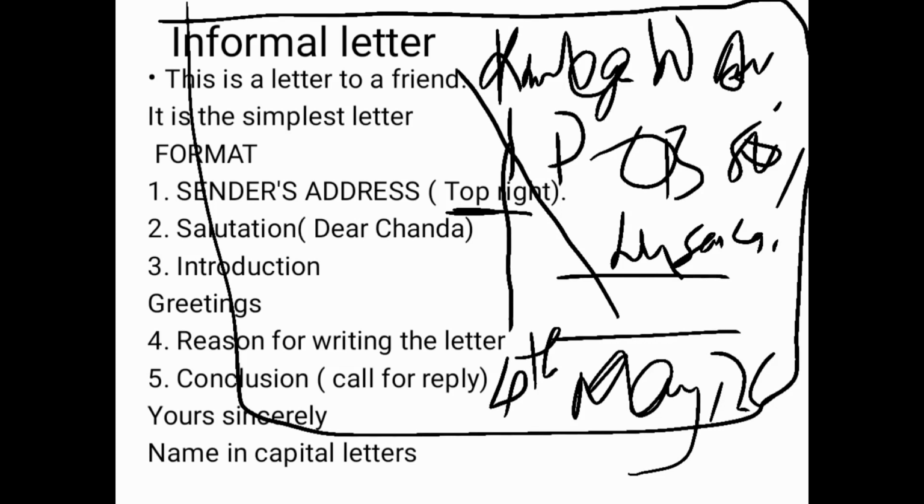The date is not part of the address, so you should leave a gap or a space, then you write your date in a straight line with the first letter of your main address. Good. So that's how you write the sender's address, which is your address.